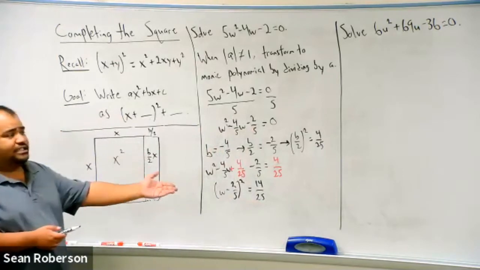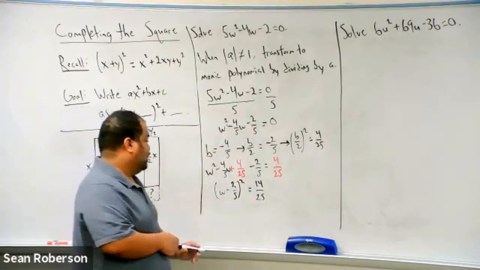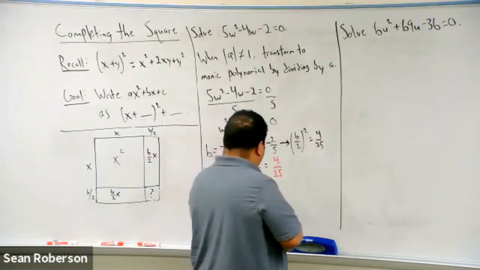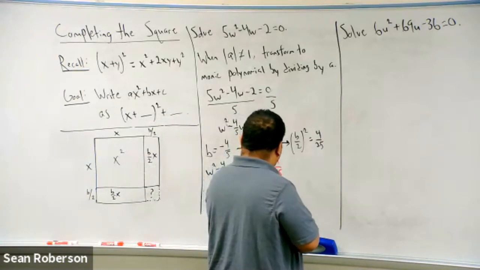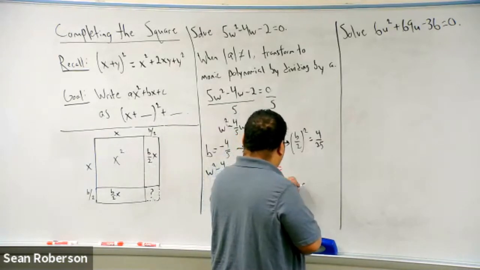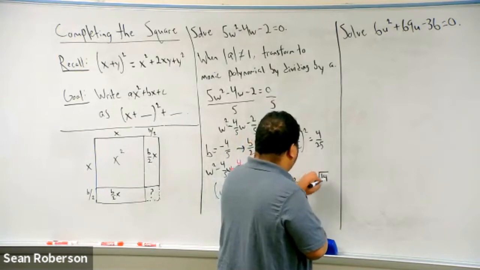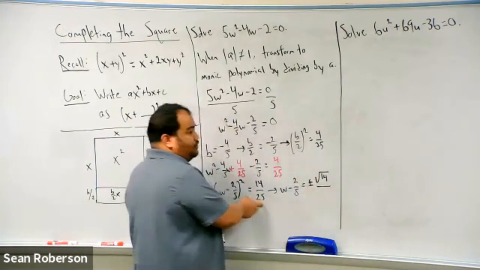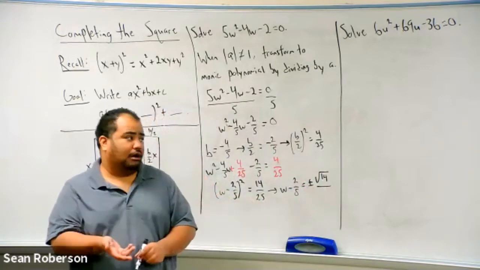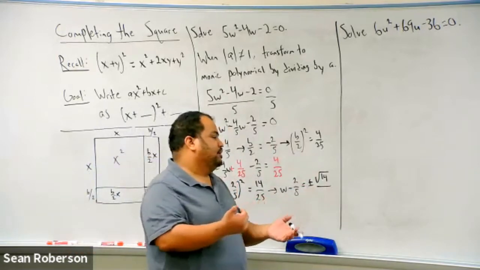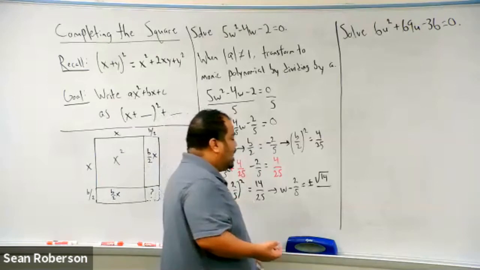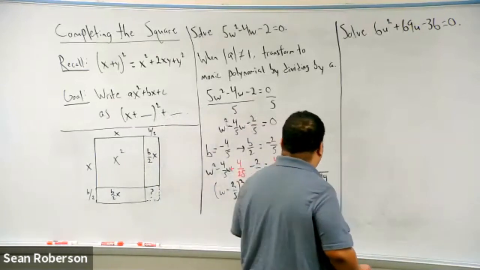And now we take square roots on both sides. So this becomes w minus 2 over 5 equals plus or minus the square root of 14 over the square root of 25, using the property that the square root is multiplicative. But the square root of 25 is 5, so we'll just have 5 in the denominator there.